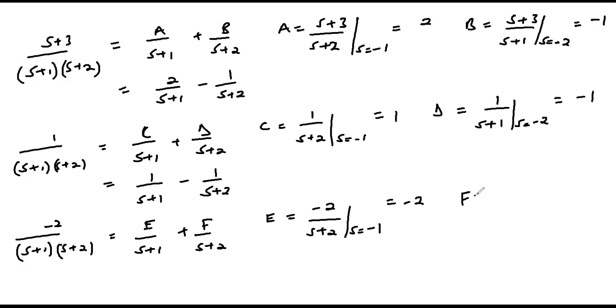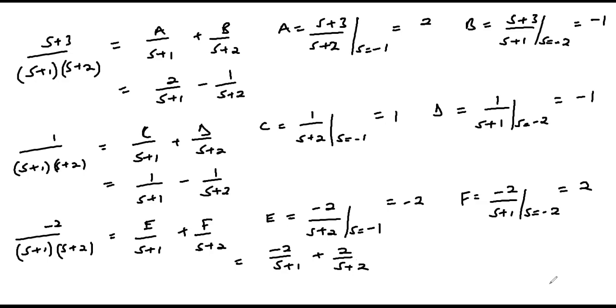Then our F will be minus 2 over (s plus 1) when s is negative 2, which is negative 2 over negative 1, which is 2. And therefore, we can write this as minus 2 over (s plus 1) plus 2 over (s plus 2).